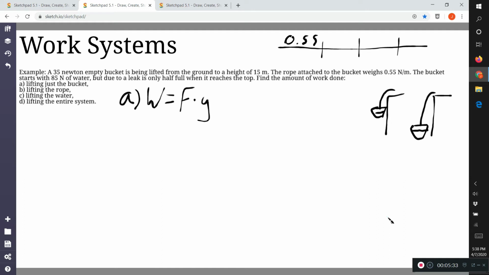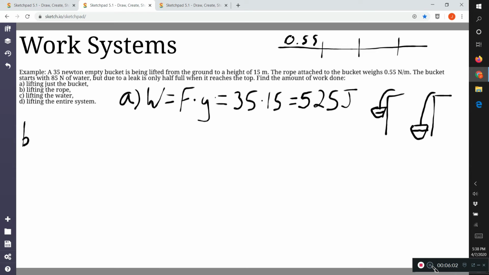You could use x, you could use d. So in this situation, we have a 35 Newton bucket being lifted 15 meters. That's going to get us 525 Newton meters, or we're going to say 525 joules. Okay, that part's done.